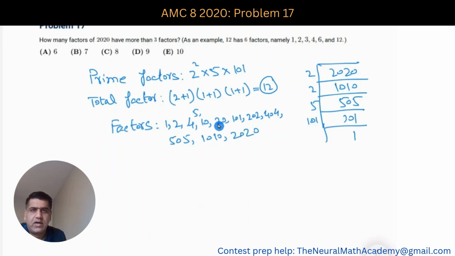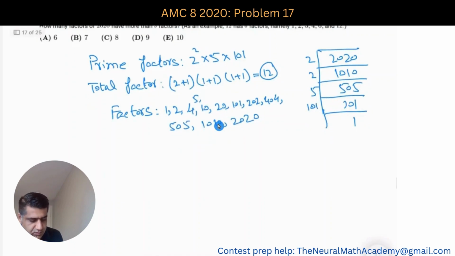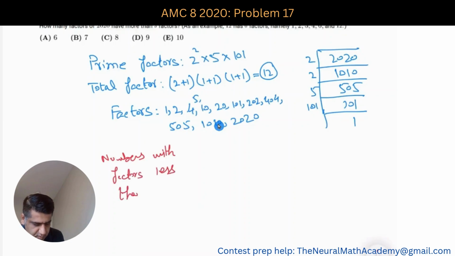Now I have to check how many of these factors have more than 3 factors. So I can solve it in the opposite way as well. Like if I first see how many have 3 or less. So I would write the numbers with factors less than 3.